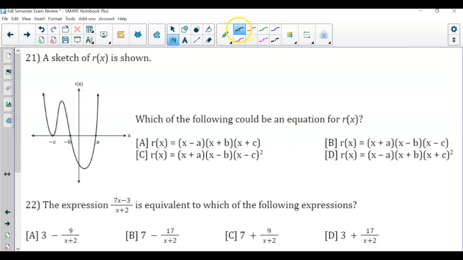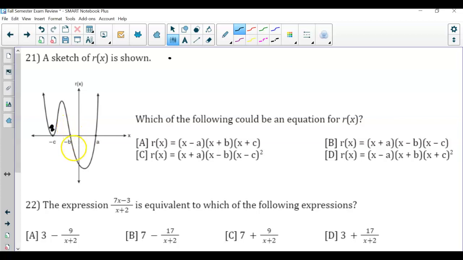Question 21 is asking us which of these equations represents our sketch here. Well, again, we need the zeros, which here are negative C, negative B, and A. And again, writing in factored form, so change the sign. But also consider multiplicity. So notice how at negative C, we have a bounce, so we have a multiplicity of 2.